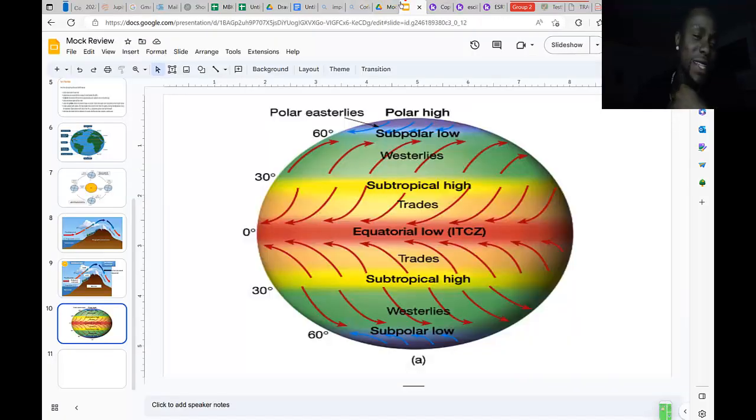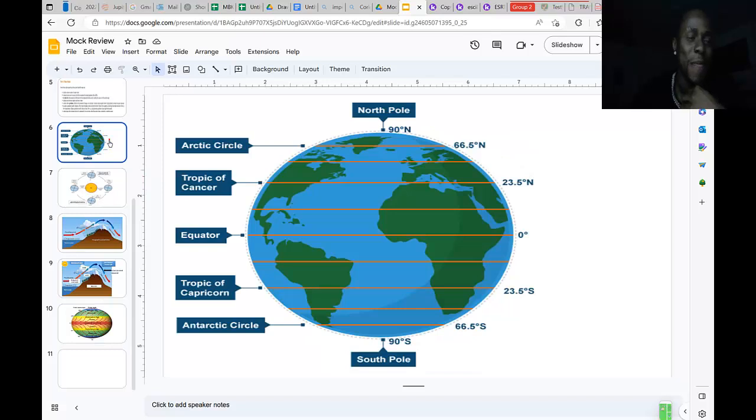All right, let's see what you guys came up with. Now, when we discussed important lines of latitudes, we said the first one is the equator, and then below the equator you have the Tropic of Capricorn, and the Tropic of Capricorn is 23.5 degrees south. The Tropic of Cancer is 23.5 degrees north, which is different.